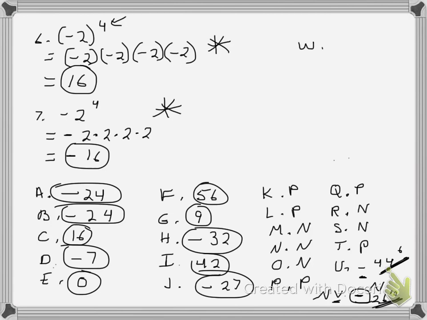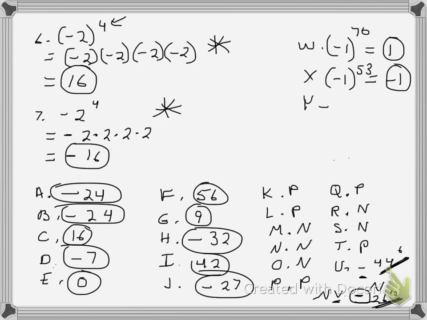Evaluating the last ones, I have -1 to the 70th power. That's an even number, so it's going to be +1. X, I've got a -1 to a 53rd power. That's an odd number, so my answer will be -1. Y, I've got -1 to the 28th power.